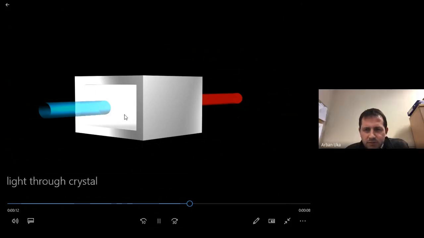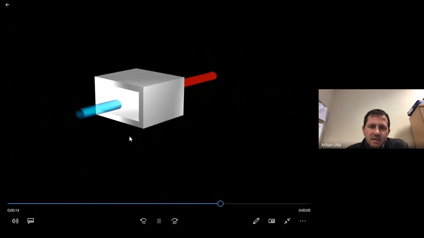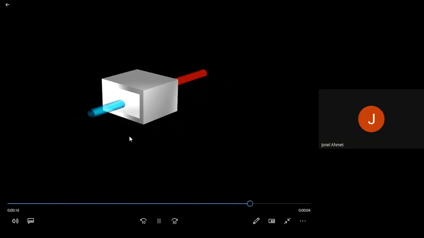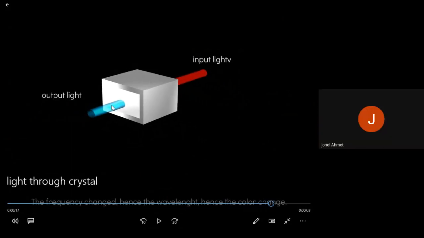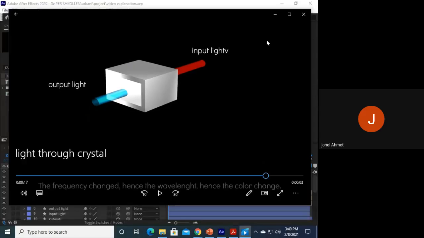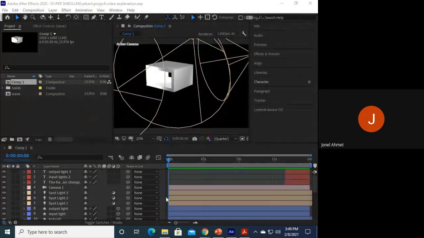Yes, that's good. This is a second harmonic generator. This is the output light, this is the input light, and the frequency changed, hence the wavelength, hence the color change. Okay. So this is the most I could do with After Effects.